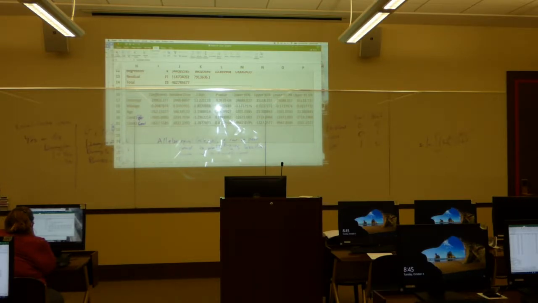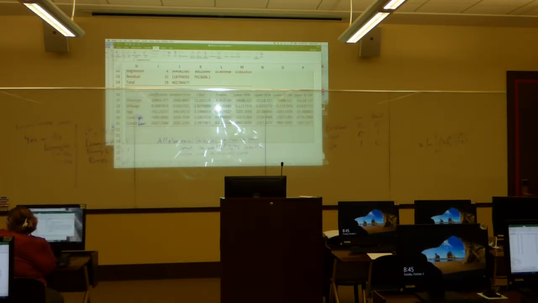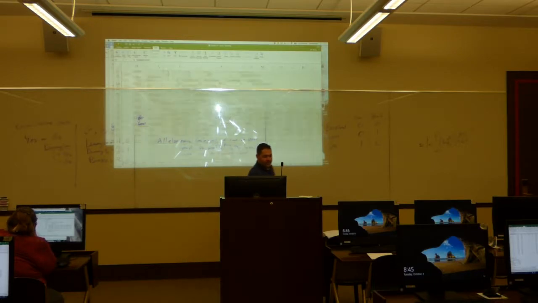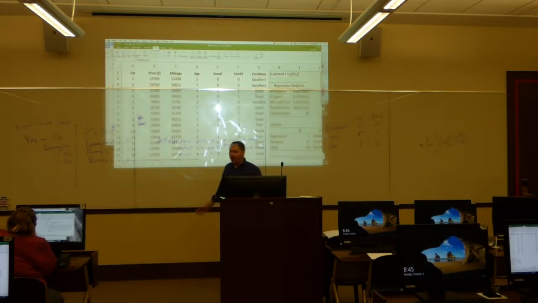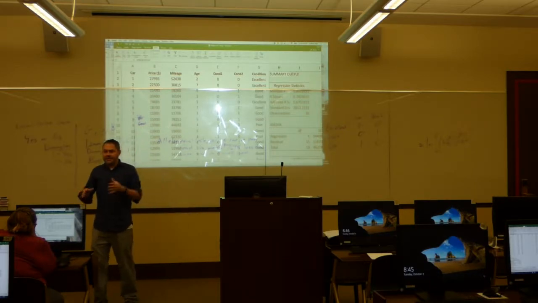Say that again? So the one with the highest value is 27,995. It has 52,000 miles on it. Oh, correct. These are all, every Camry is different. Every person drives differently.